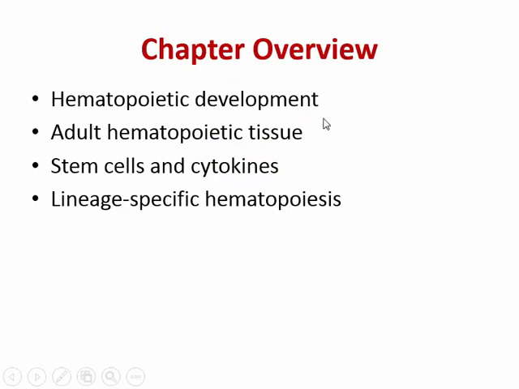There are different aspects of it. We are going to talk about where hematopoiesis occurs. We're going to have different stages. You're going to have the embryonic stage. How many days after conception do we consider the embryonic stage? About 2 months.